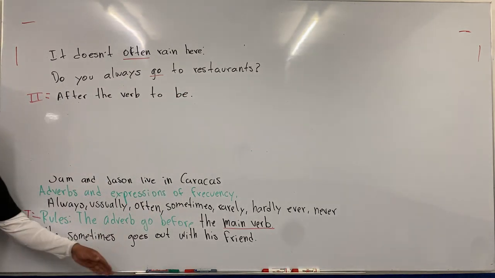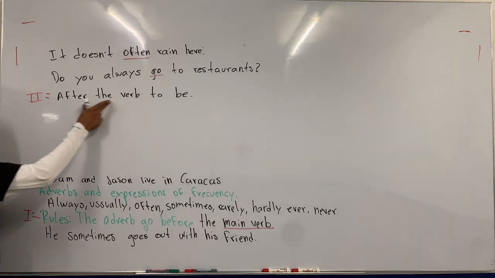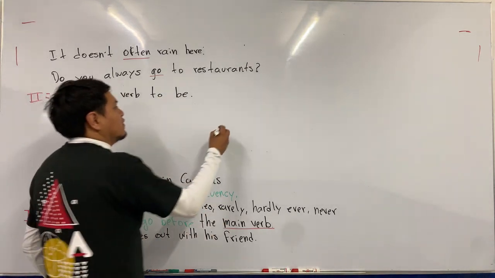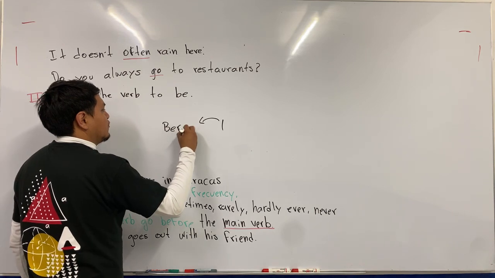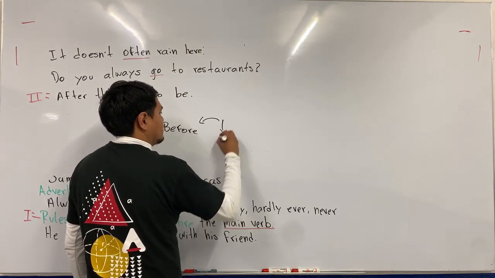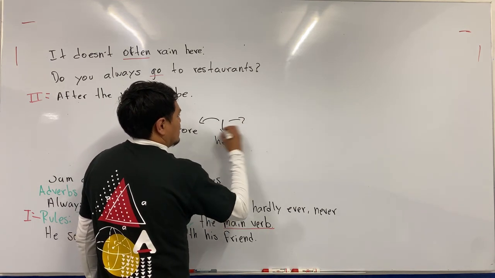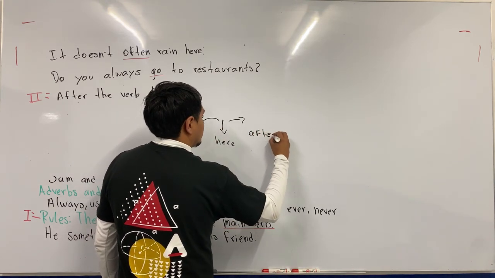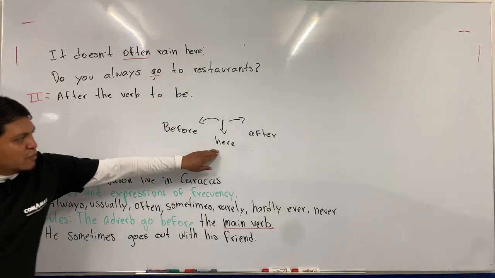In the first case, it goes before the main verb, but with the verb to be, it goes after, right?